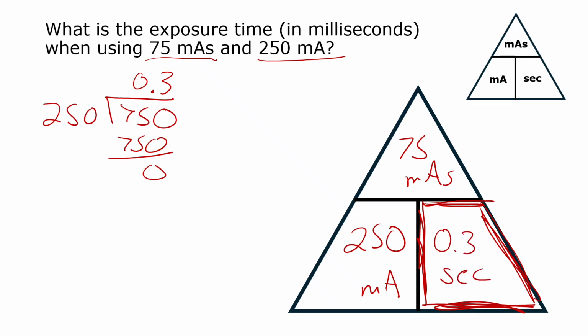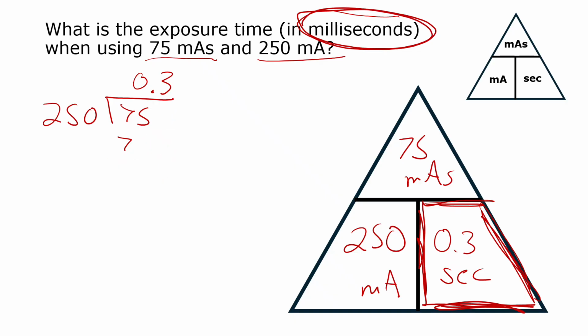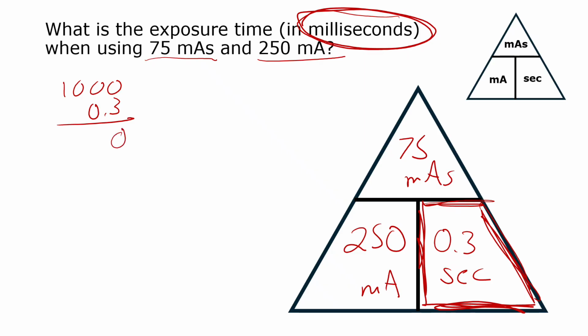But the question wants the answer in milliseconds. So we need to go one step further, and we need to convert seconds to milliseconds. So we can either do that by long multiplication. We'll take 1000 times 0.3. 3 times 0 is 0. 3 times 0 is 0. 3 times 0 is 0. 3 times 1 is 3. We don't need to worry about those zeros because it's all going to be 0.